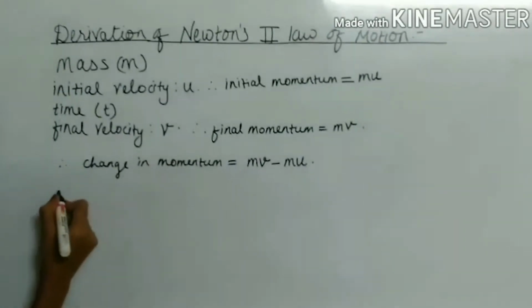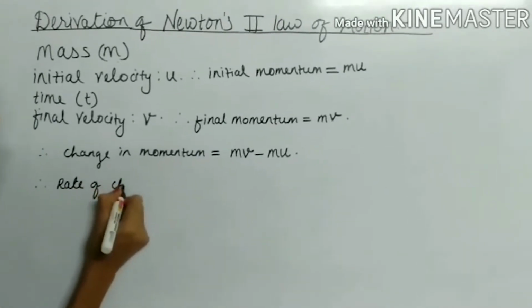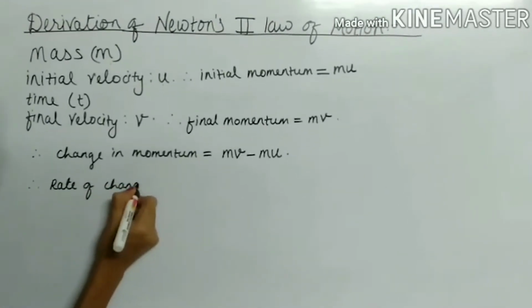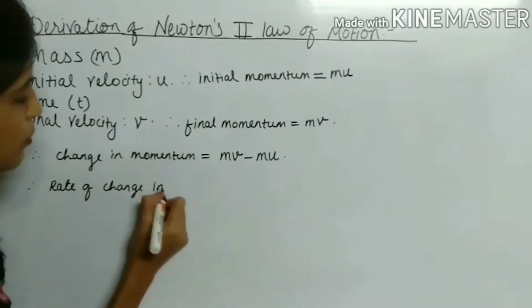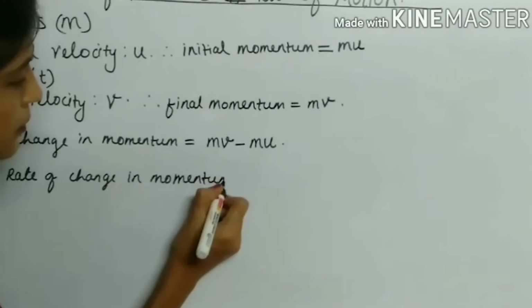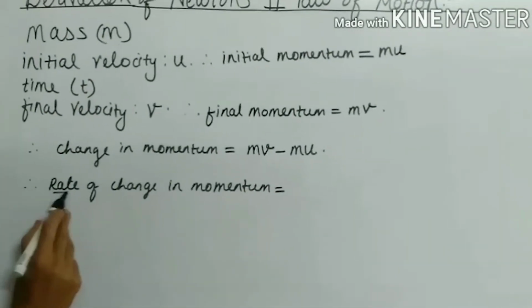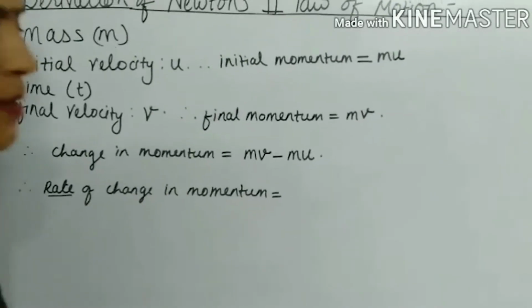Okay. Now, therefore, rate of change of momentum is change in momentum divided by t. Children, I have already told you whenever the word rate comes, it is divided by time.